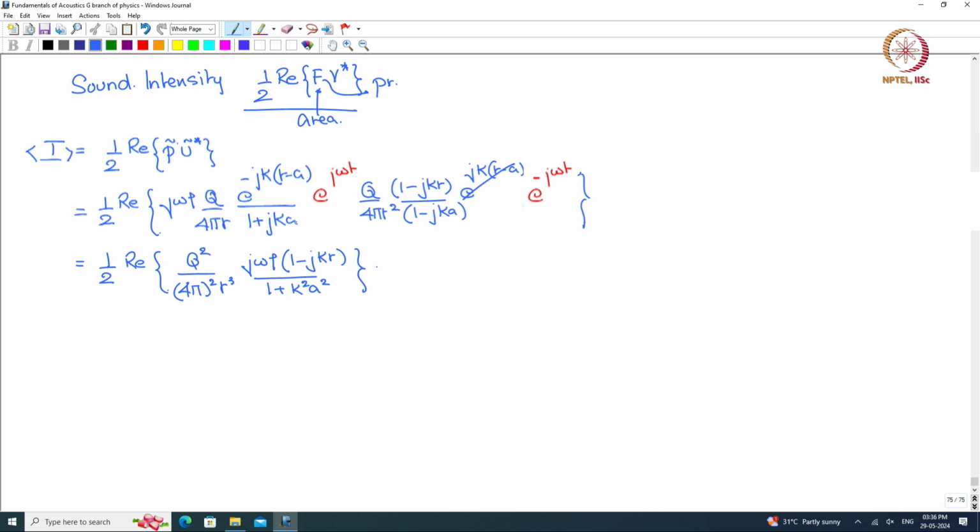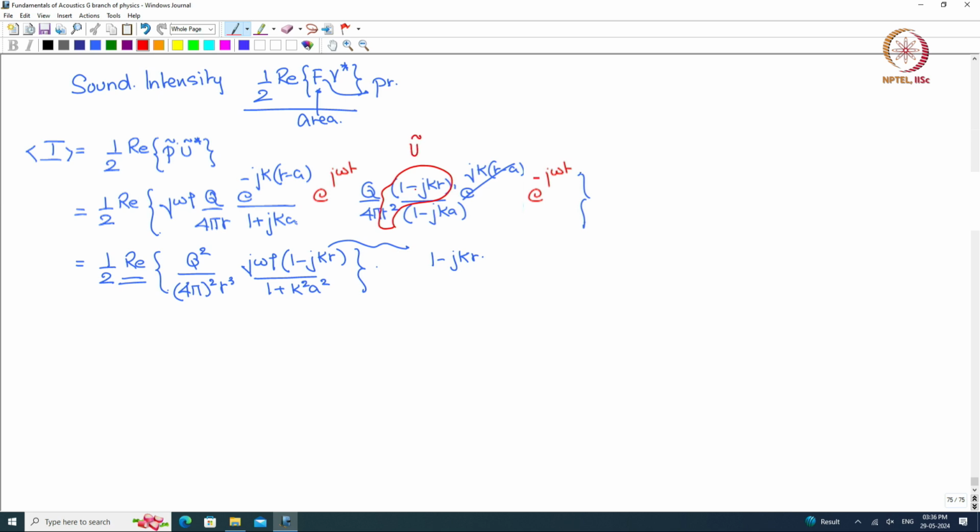So now you can see that because we are going to take the real part for time average intensity, this part that was there, 1 minus jkr over r square, was the key factor in particle velocity.